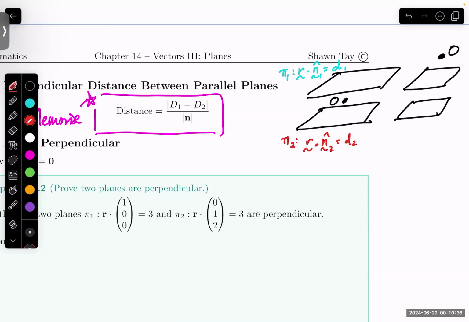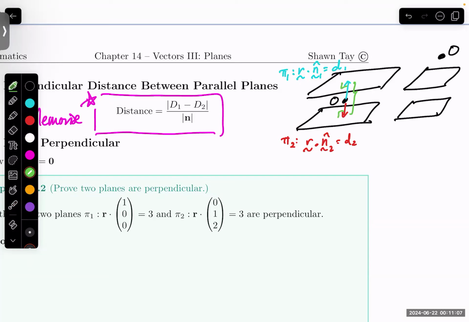What does that mean? d1 is talking about this displacement, and d2 is talking about this displacement. They are in opposite directions. When I take the modulus of d1 minus d2, I get the absolute distance between them. This tells me the perpendicular distance between the two planes.